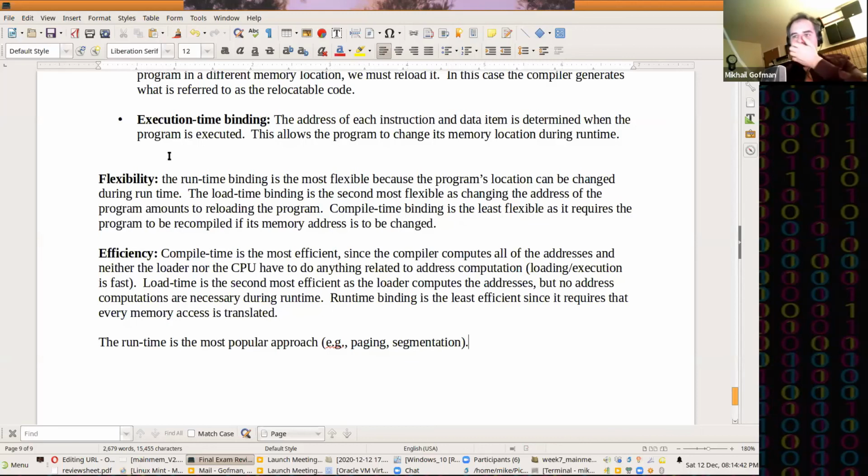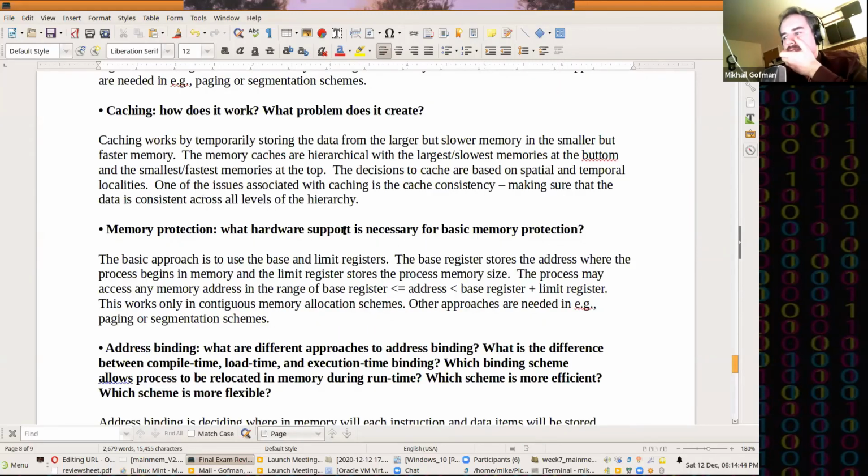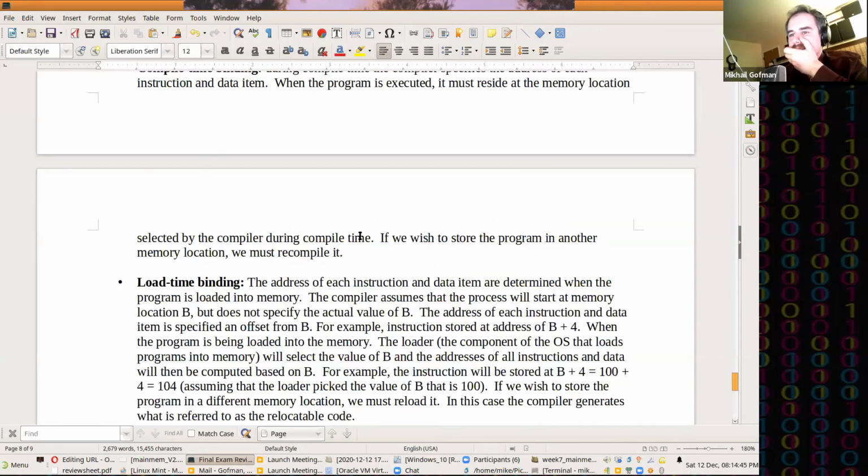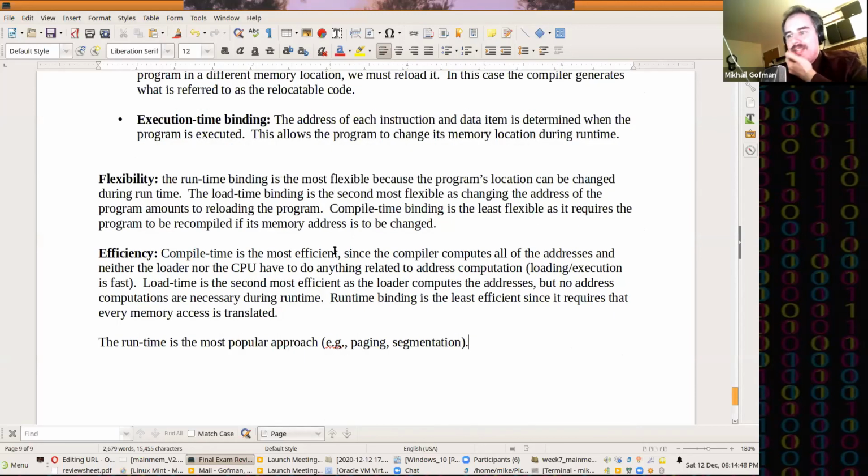Okay, so that's basically it. Did I address every single point? Yeah. All right. Does this make sense? Okay, great. And Carl's asking, which binding scheme allows the process to be relocated in memory during runtime?